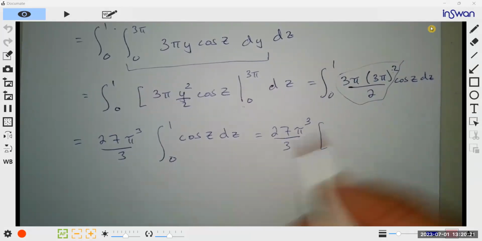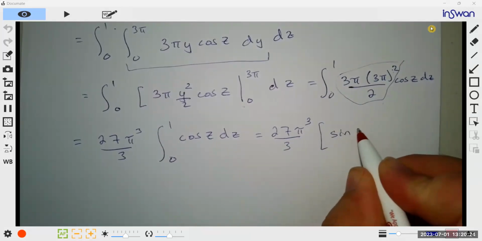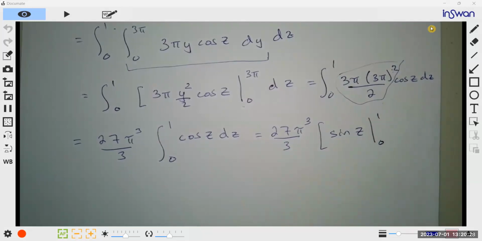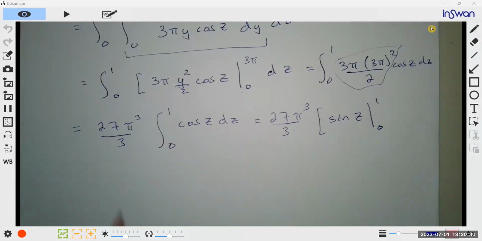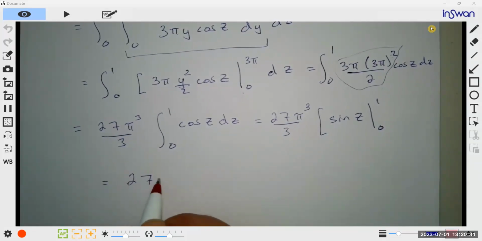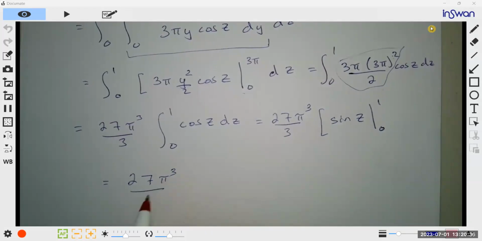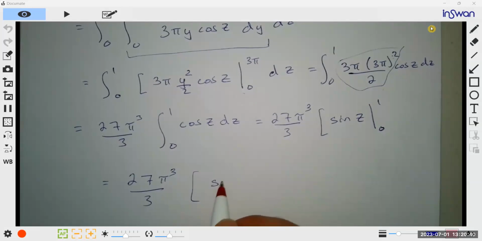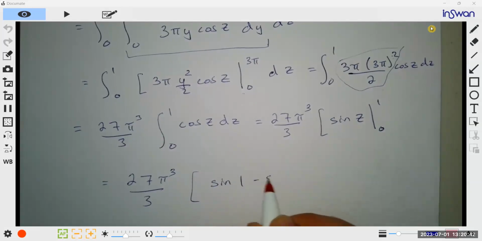The integral of cosine is sine from 0 to 1. Sine 1 minus sine of 0.